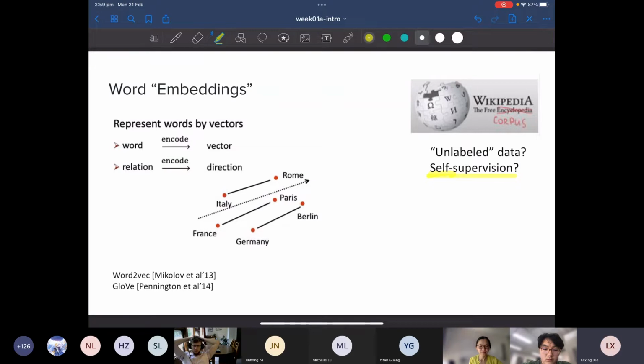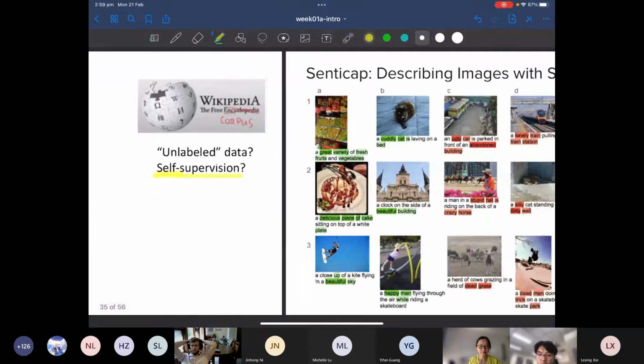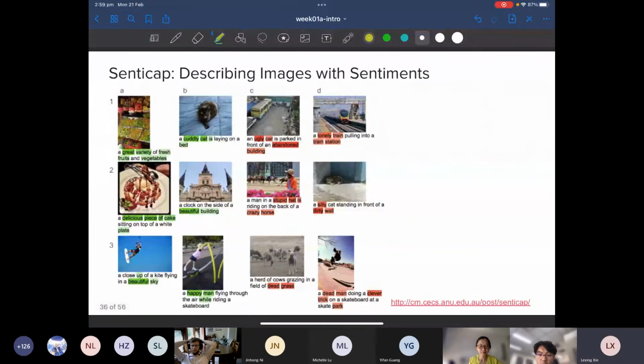So you could do what's called vector arithmetic, in the sense that if I take France, subtract Paris and add Germany, then we get Berlin, which is quite cool and enables people to do many other things in natural language, such as marking parts of speech or parsing and so on, which is not just cool on its own.